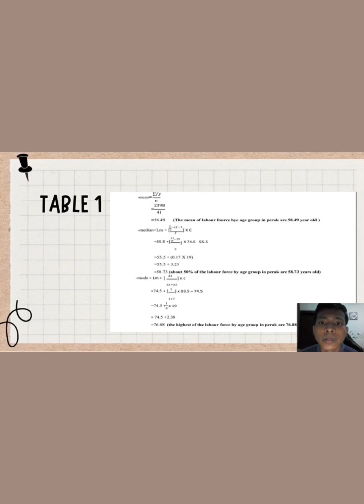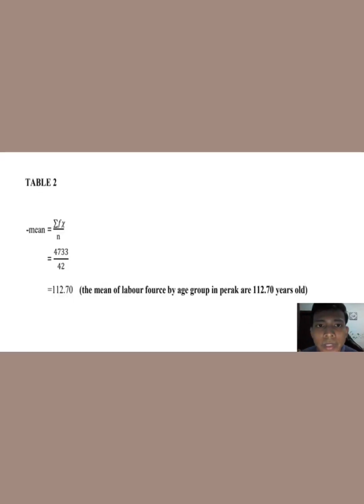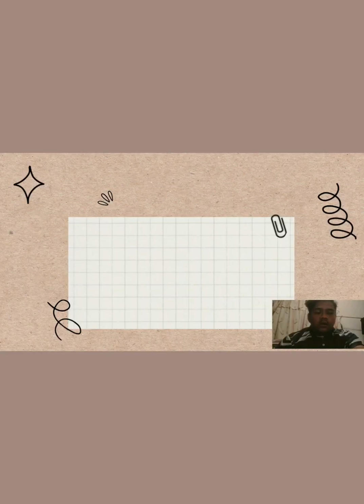Using the formula, the median of the labor force by age group in Perak is 58.73 years old. We also use the formula for the mode. The answer for the mode of the labor force by age group in Perak is 76.88 years old. We use the formula for the mean. The answer of the mean of labor by age group.